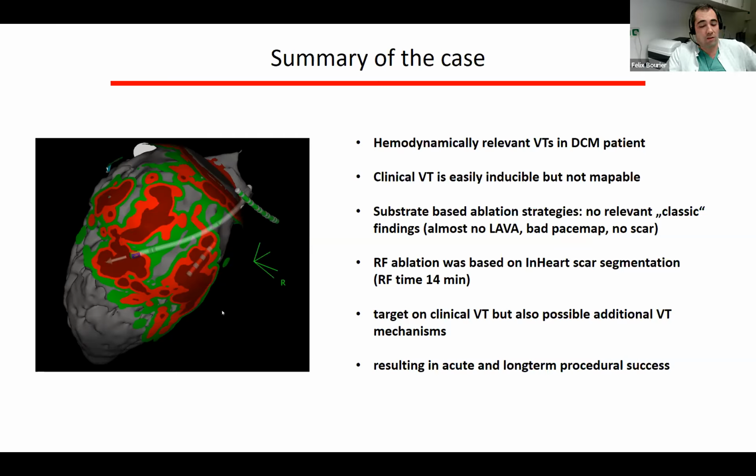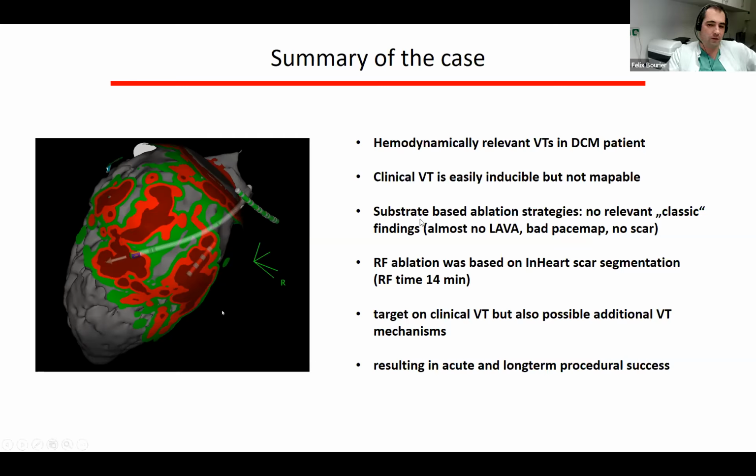Another way would have been to use left ventricular assist devices, but again, very invasive. And it's, from my experience, much better for the patient and also for the team doing this kind of procedure to do it in sinus rhythm and to use the inHEART approach for it.